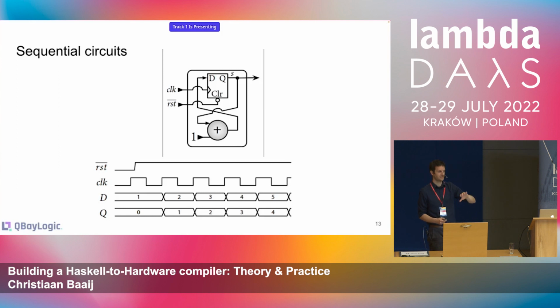So Q is going to turn into 1 at the rising edge of the clock. Then the register is going to output 1, that's going to go through the adder, and so the input to the register will be 2. On the next rising edge of the clock, the register will take over the value on its input, so it will start outputting 2. And then the D input becomes 3.